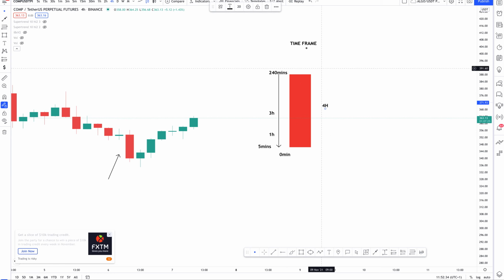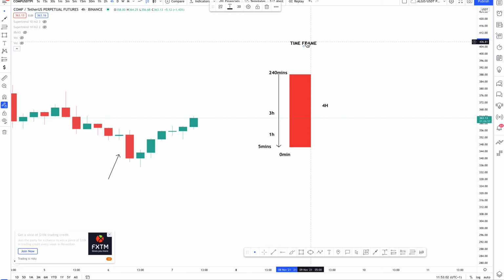So time frame analysis makes you understand that each candle represents a time frame. A 1-hour time frame equals 4 times 15 minutes, or 2 times 30 minutes, and so forth.